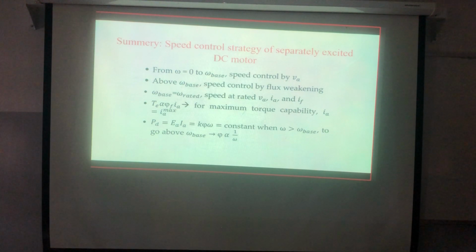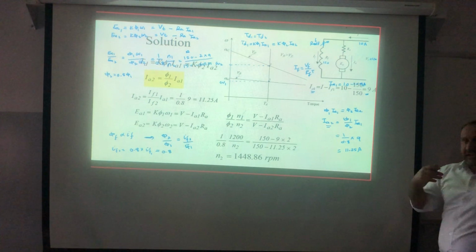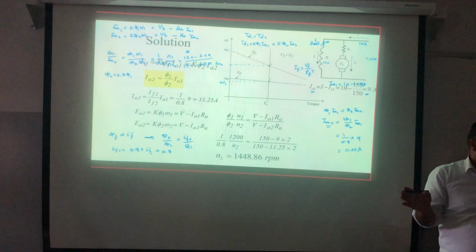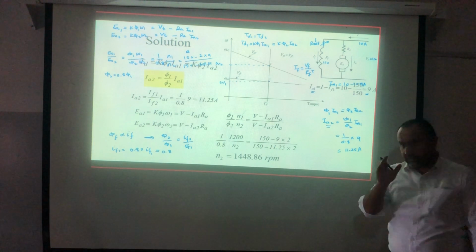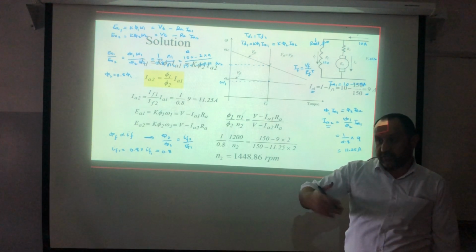Can I operate at the higher speed for a long period? Actually, this is the idea behind flux weakening, and the speed that I can reach is limited by the maximum speed, which is a design parameter from mechanical engineering, how much speed that the shaft can handle.